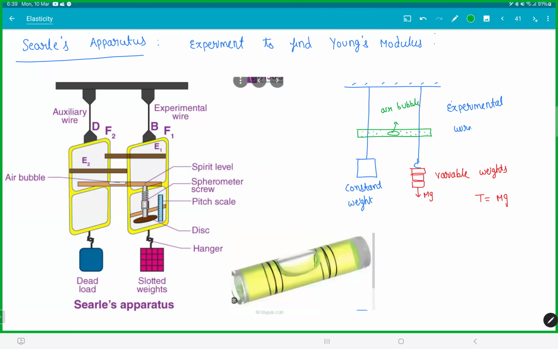You have a spirit inside here and an air bubble trapped inside. The logic of this thing is, if you keep this horizontal, the air bubble will be exactly in the center. If you tilt this, the air bubble will come up due to buoyancy and the liquid will be like this. So if you tilt it, the air bubble will shift. Your job is to do something to make it horizontal. You're getting it? So what will happen in the experiment, say?